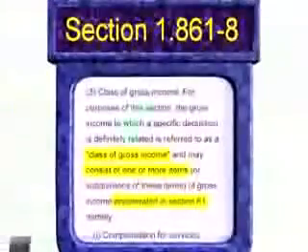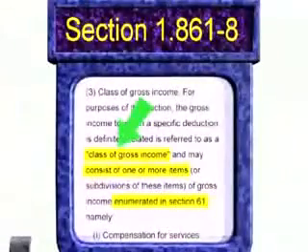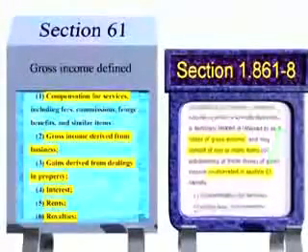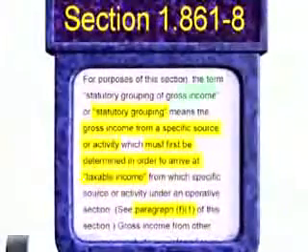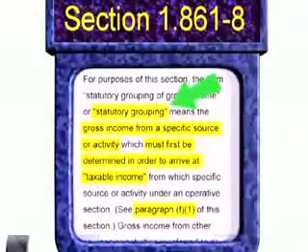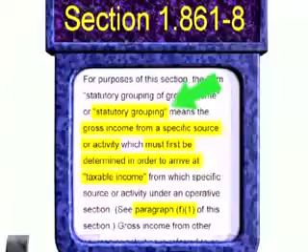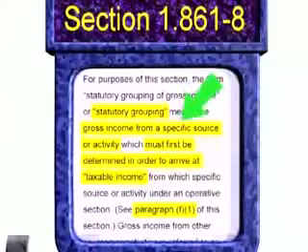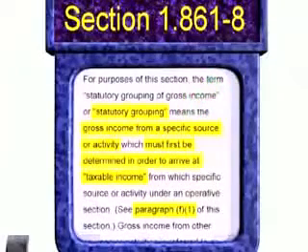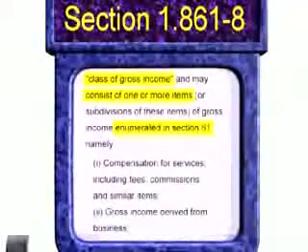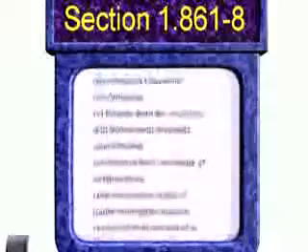They say that a class of gross income consists of the items of income listed in Section 61, such as compensation for services, interest, rents, etc. The regulations then define statutory grouping of gross income to mean gross income from a specific source or activity, which must first be determined in order to arrive at taxable income from such a specific source or activity. So the items listed in Section 61 must come from a specific source or activity to be taxable.